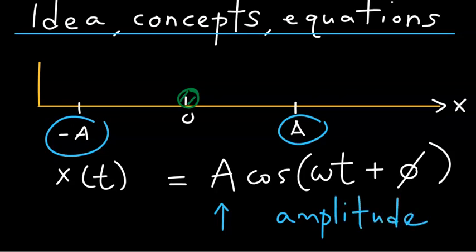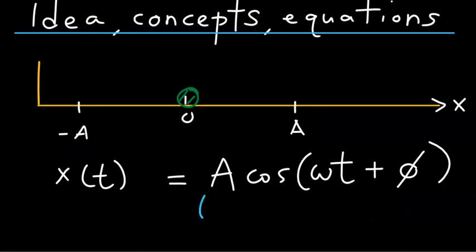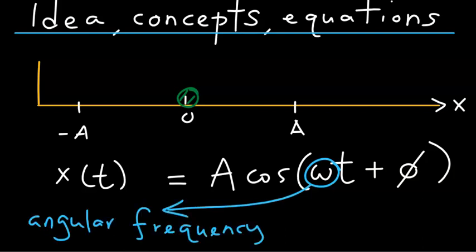That represents the biggest or maximum displacement of this object from x equals 0, and it has an SI unit of meters. Omega is known as the angular frequency of the simple harmonic motion, with the unit of radians per second.